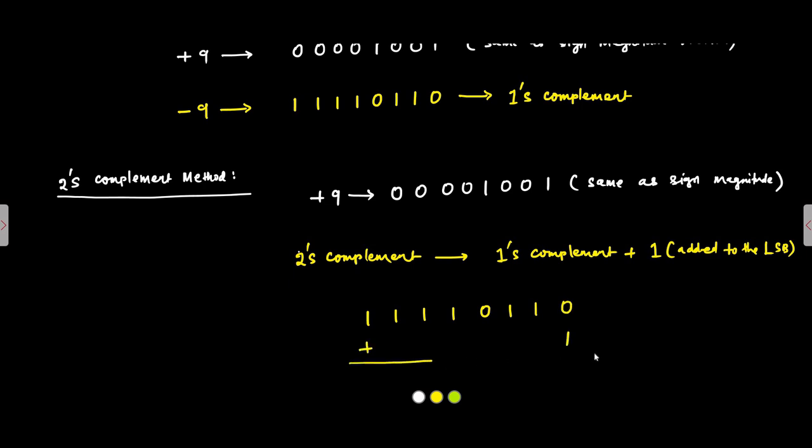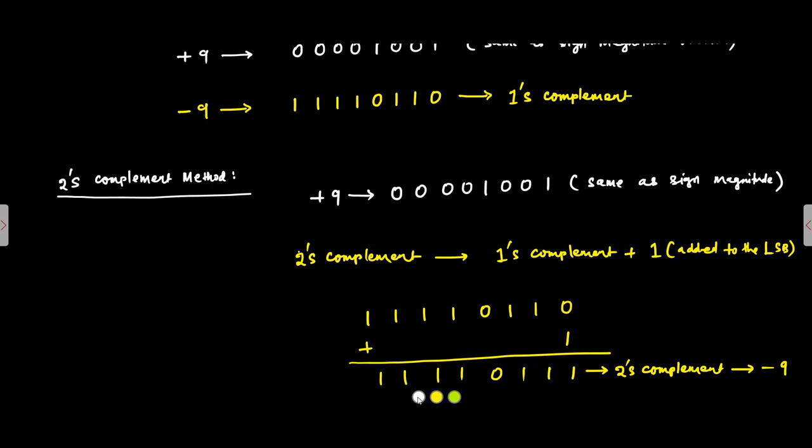So we'll have 1, 1, 1, 1, 0, 1, 1, 1. This is called the 2s complement: minus 9 represented in 2s complement.